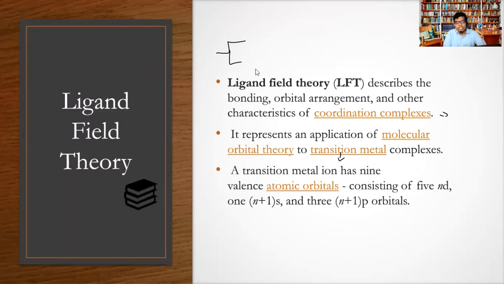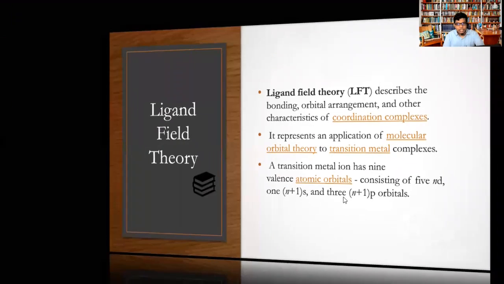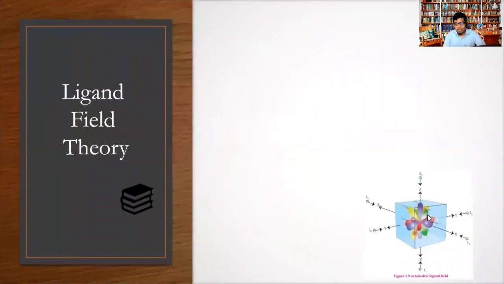In the ligand field theory, a transition metal ion has 9 valence atomic orbitals consisting of 5 nd, 1 (n+1)s orbital and 3 (n+1)p orbitals. That's it. So how does the transition metal look like? Like this.